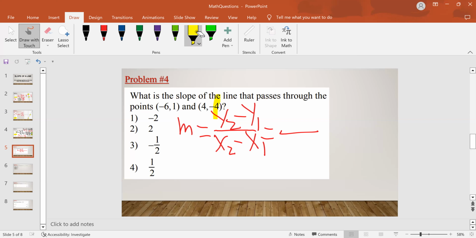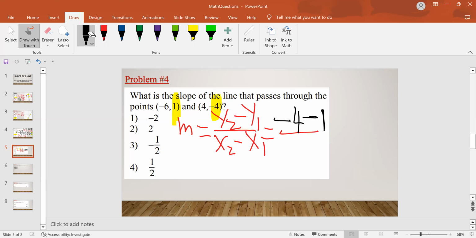Let's highlight, this is negative 4. This negative 4 represents y2, the second value of the second point. So I write negative 4 minus, now we need y1, and y1 is this value here, 1. That's the second value of the first point. So minus 1.